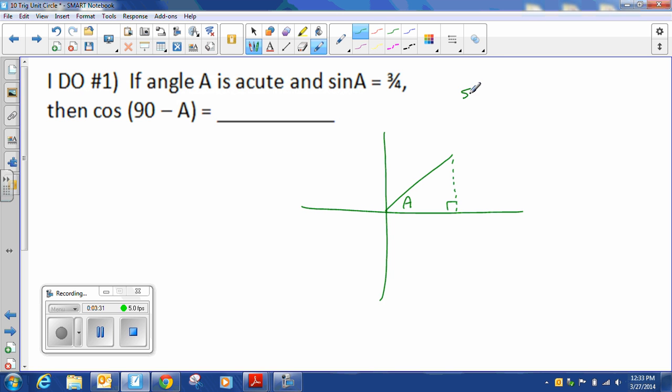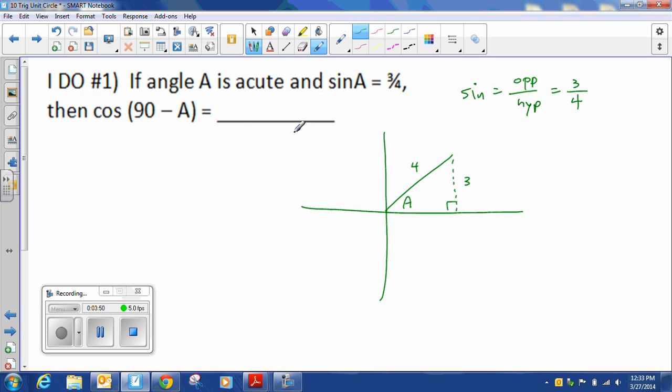Since we know that sine is opposite over hypotenuse, in this case it's 3/4, we can say, okay, this is 3 and this is 4, because this is the opposite side of A and this is the hypotenuse of the triangle.